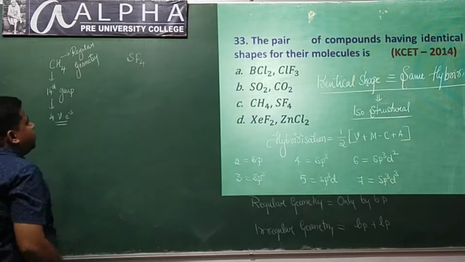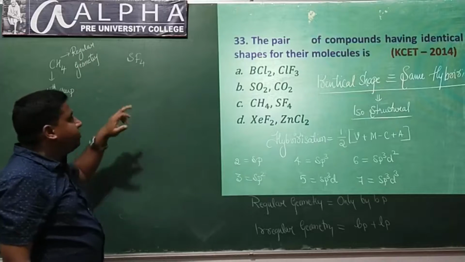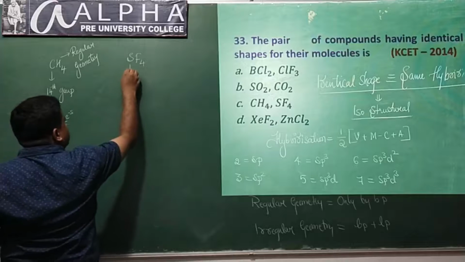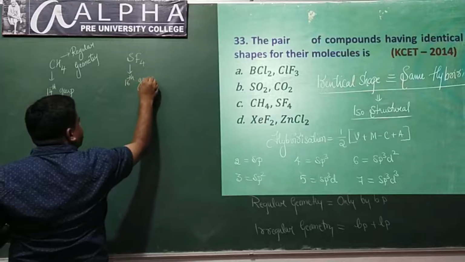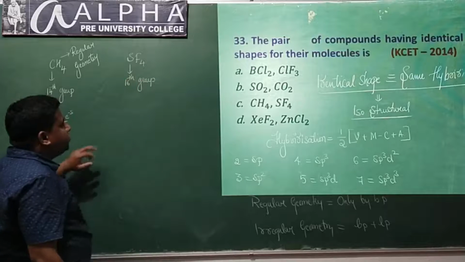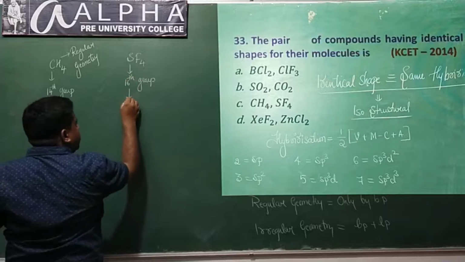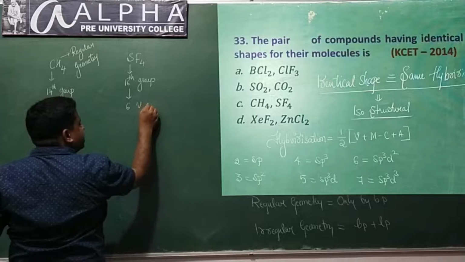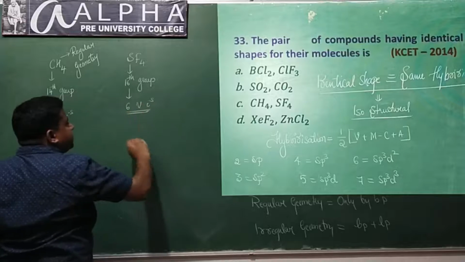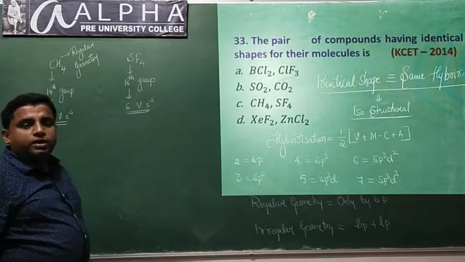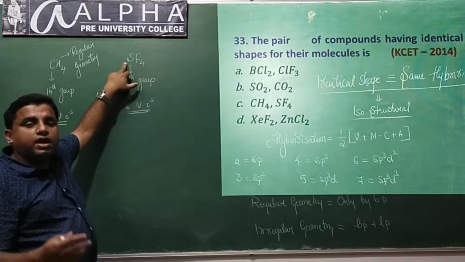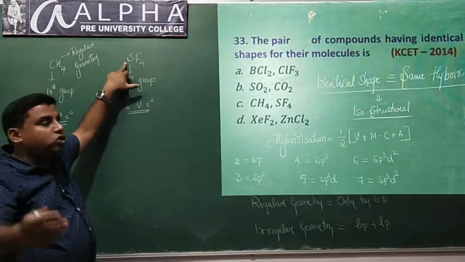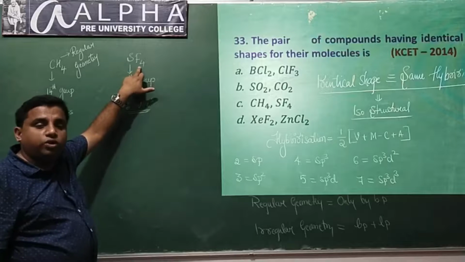Now, if you take up sulfur tetrafluoride, sulfur again belongs to which group? 16th group. So 16th group means how many valence electrons? 6 valence electrons. So out of 6 valence electrons, it has used 4 valence electrons to form bonds with 4 fluorine atoms.